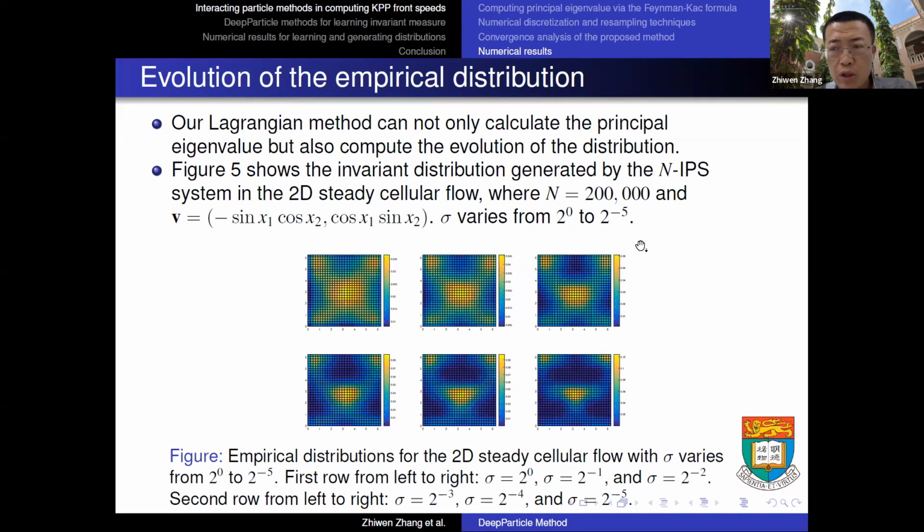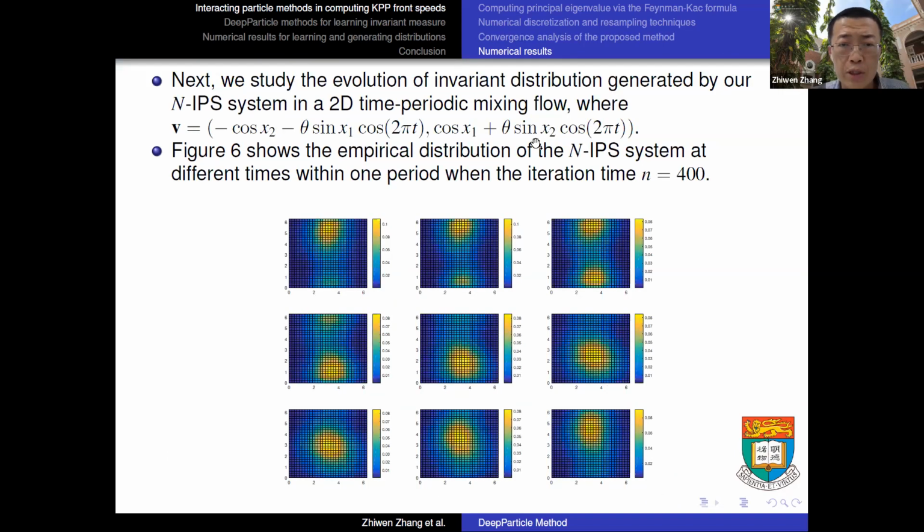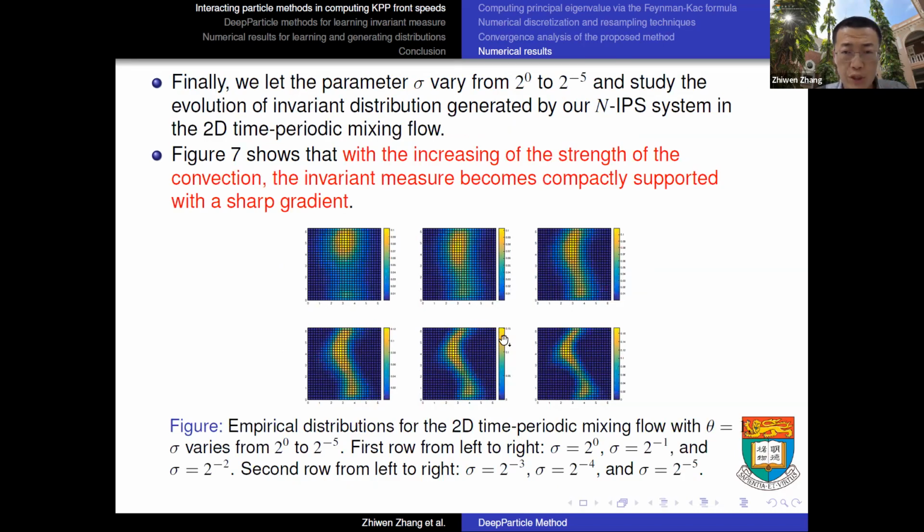When sigma is very small, it's like the advection dominant case, so this distribution becomes very concentrated on some points. The time periodic case also has this pattern. Let me show you this picture. When sigma becomes very small, you can see the invariant measure develops a sharp gradient. So here's the question.